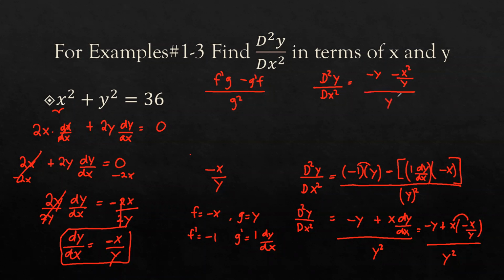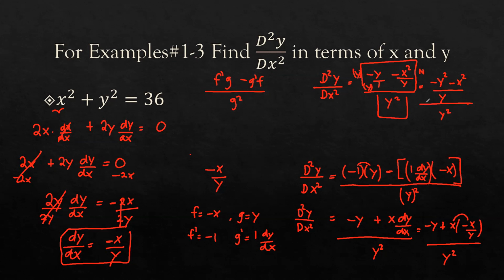Now we have what's called a complex fraction, so we have to simplify. This is your numerator, and this is your denominator, correct? So let's simplify the numerator. This has a denominator of 1, this has a y, so my GCF is y. So you're going to multiply top and bottom by y. So you get -y squared minus x squared all over y, and then it's divided by y squared, so it's complex.